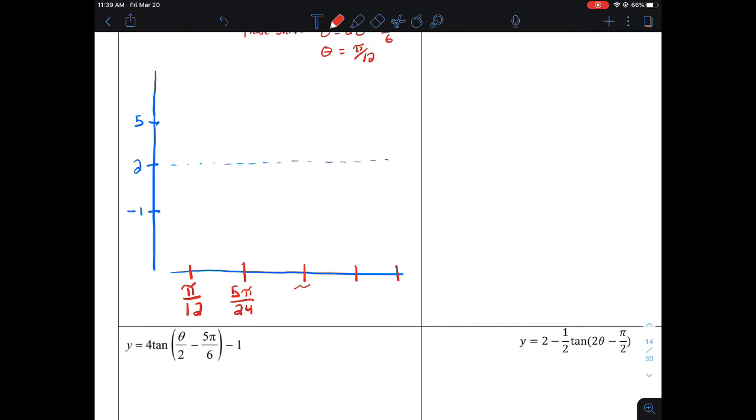So the next would be pi over 3. And the next one would be 11 pi over 24. And then we'd have 7 pi over 12.